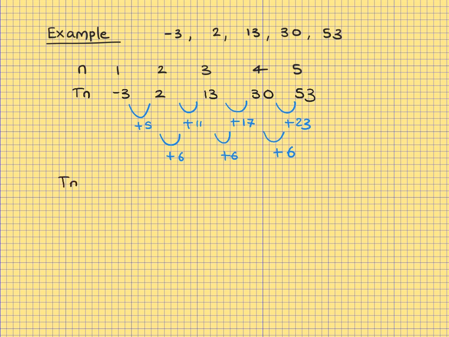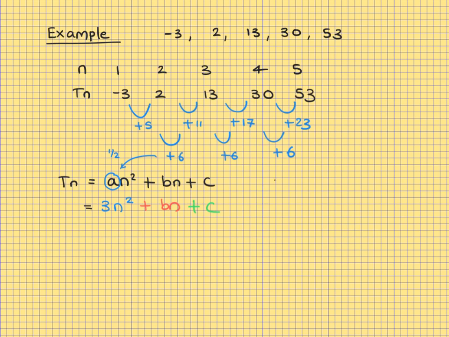So our nth term is going to take the format an squared plus bn plus c. And we also know that a is going to equal half of this second difference, which is 3. So we have 3n squared plus bn plus c, and it remains for us to find the values of b and c. So let's have a look at this a little bit more closely.